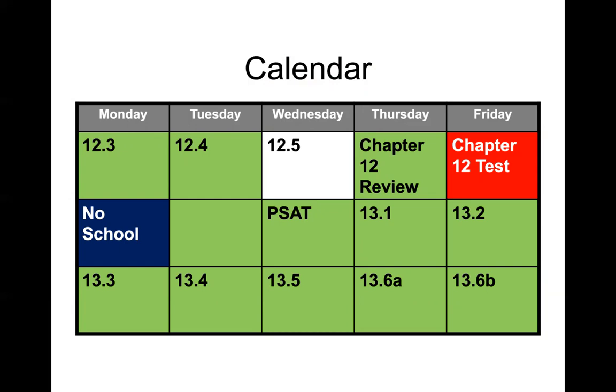Monday, I'm going to move that calendar to the left there. In other words, we're going to do 13.1 on Monday. You'll take your PSAT test on Monday. I meant Tuesday. Sorry. We're going to do 13.1 on Tuesday. You're going to take your PSAT test on Wednesday. No homework for that night. And then we'll jump in on Thursday, 13.2.